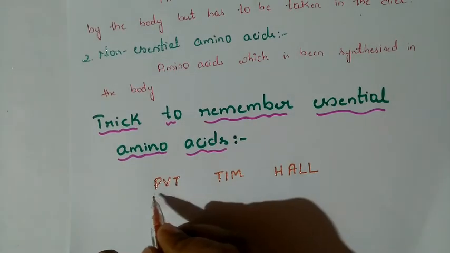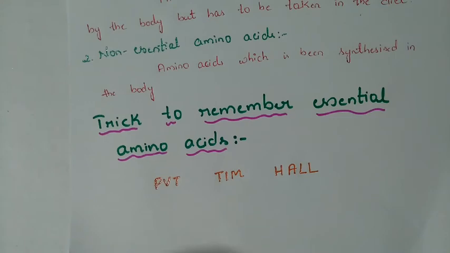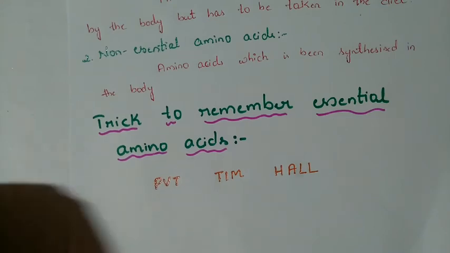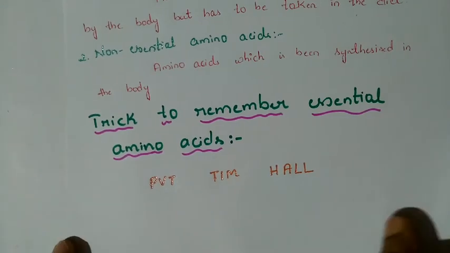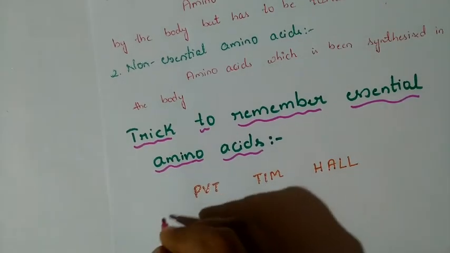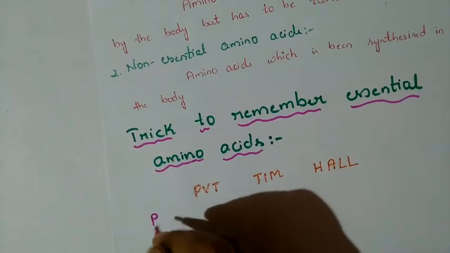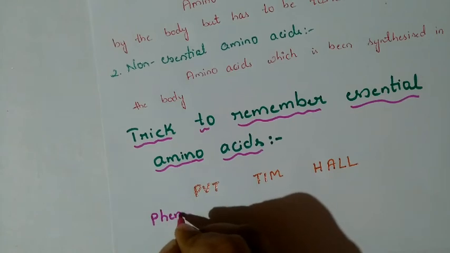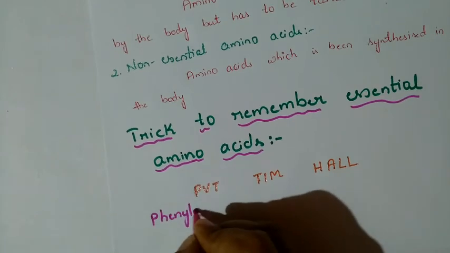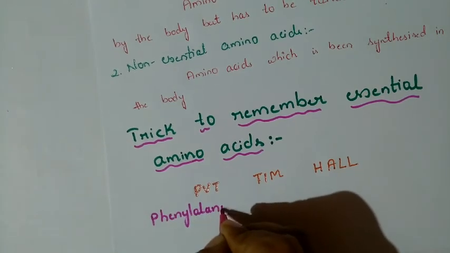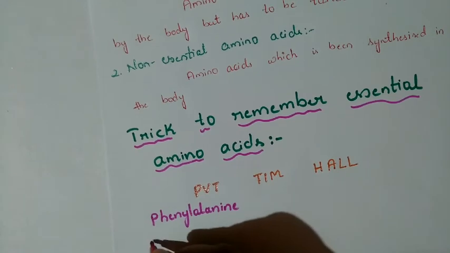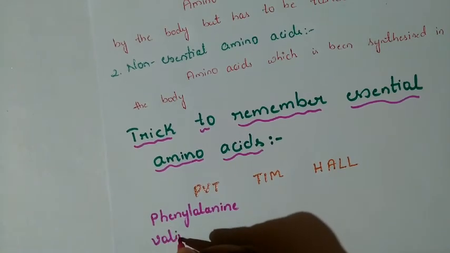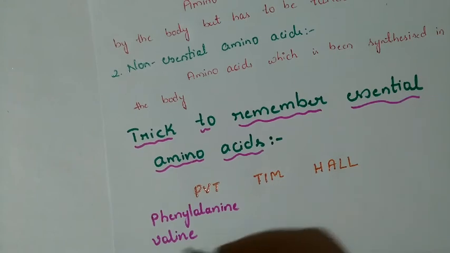Here, P stands for phenylalanine. V stands for valine.